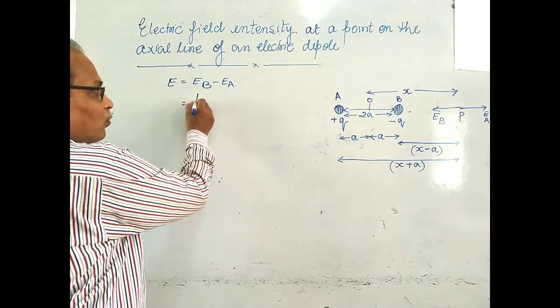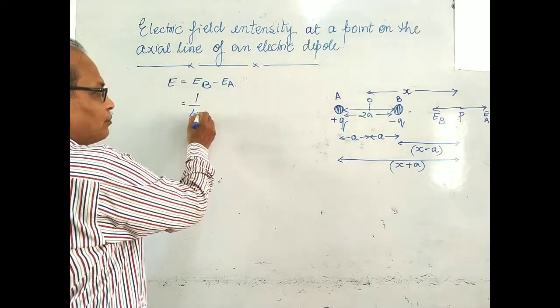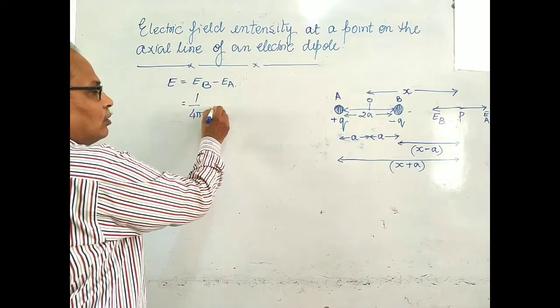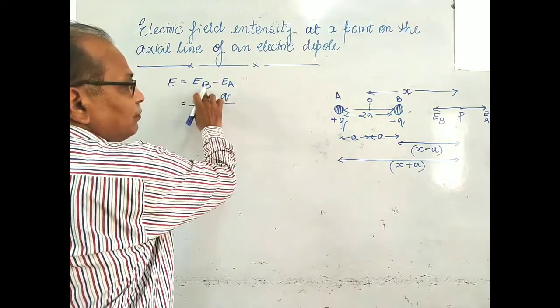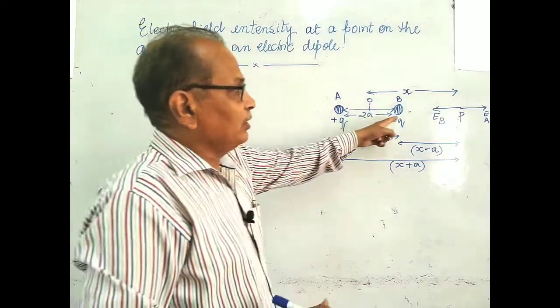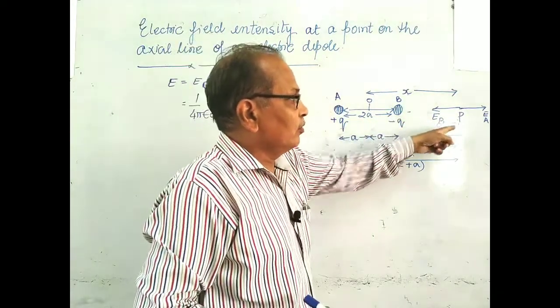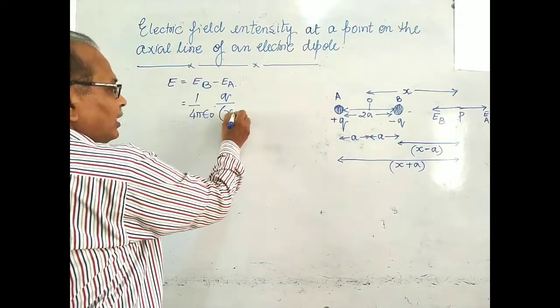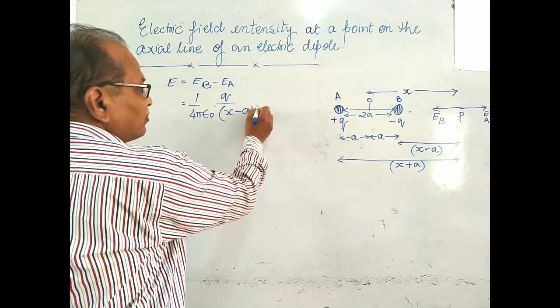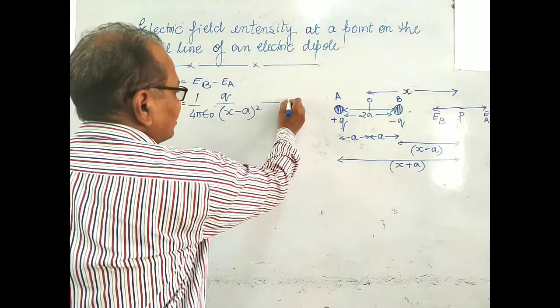EB is 1 upon 4 pi epsilon naught, q upon the distance from B to the point P. What is the distance? It is x minus a, so x minus a whole square. This is equation 1.